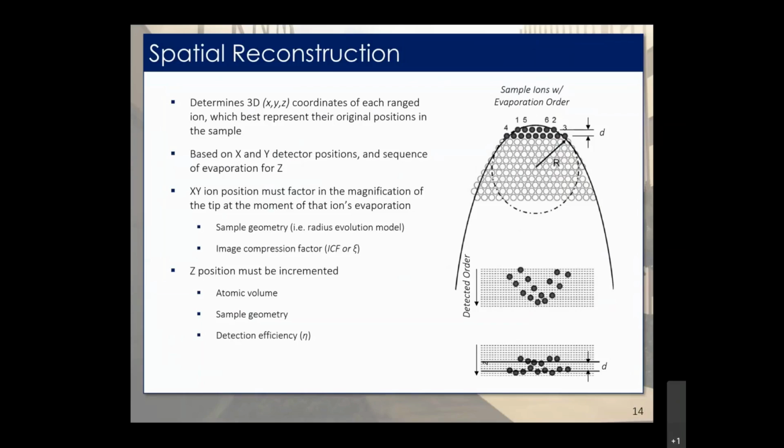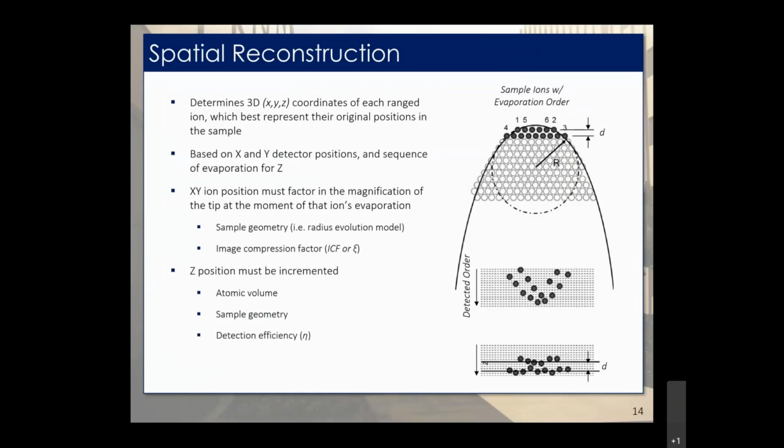And this is essentially just due to the deviation of the actual flight path of the ions from a perfect hemispherical projection. This image compression factor essentially has its origins in the fact that our sample isn't a perfect sphere floating in space. It does have a shank of a needle specimen going in behind it, which can affect the shape of the electric field. So the ICF, or image compression factor, will vary from sample to sample.